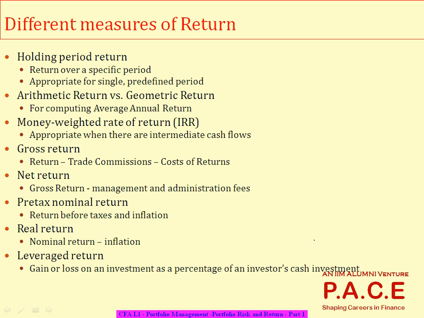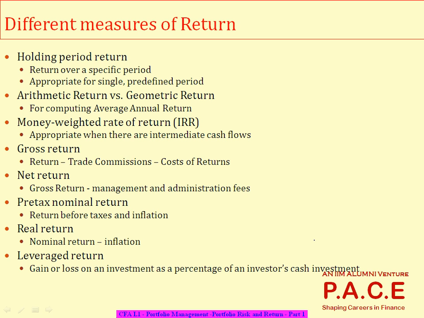The cost of returns is the costs that are incurred to generate those returns, which are more like your selling costs. So all these things, when I subtract, that is what I call as a gross return. So this does not consider the fund management charge, fund administration charges. If I take them out also, I call them as net return.